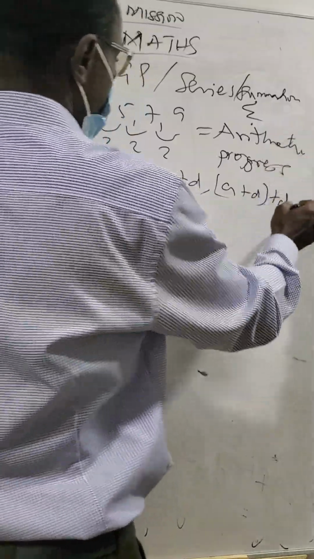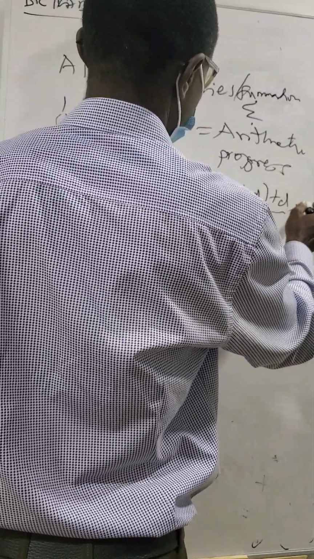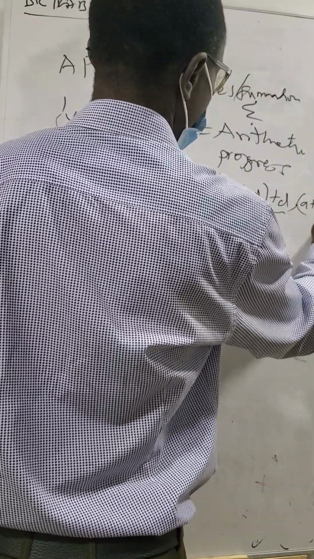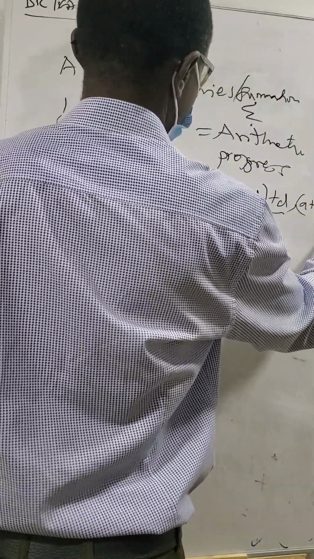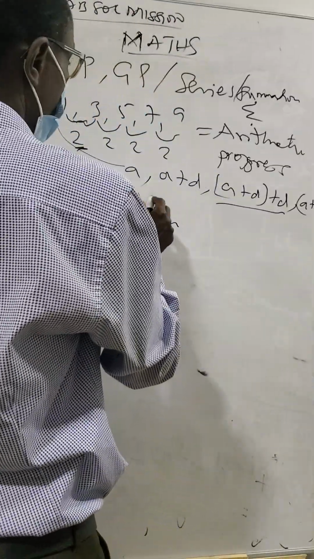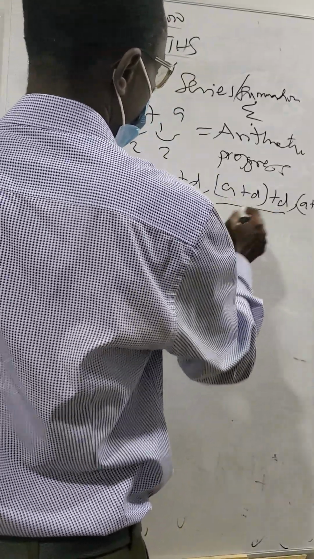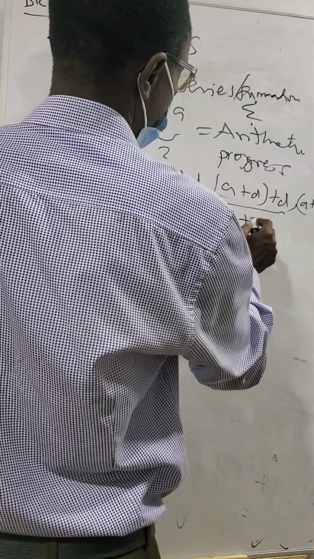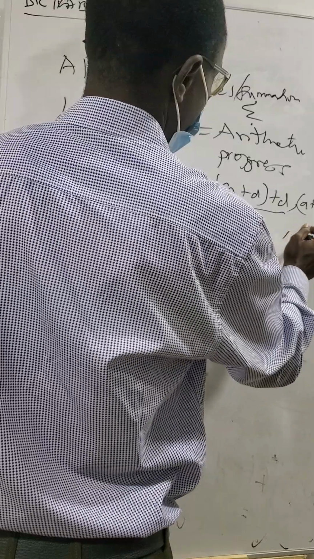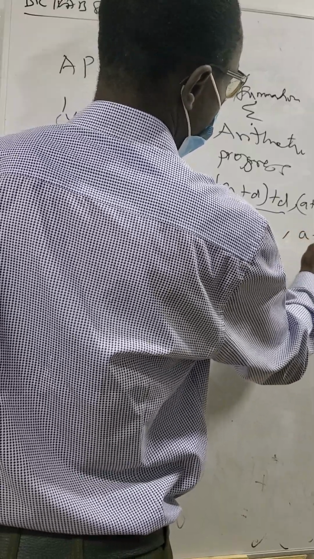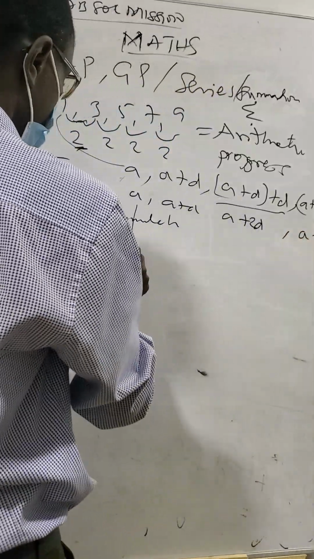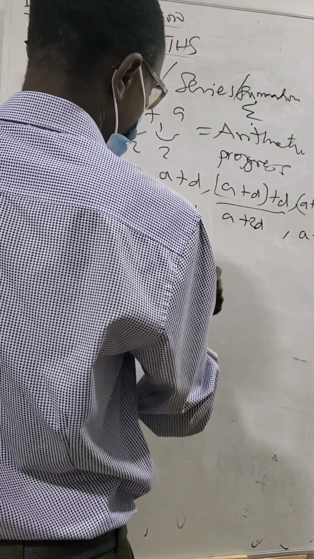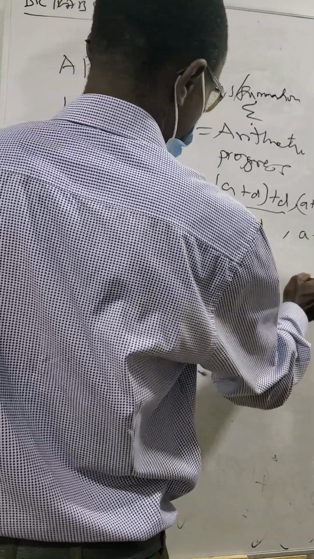So we are going to have A, A plus D, A plus 2D, and A plus 3D. Now this is the first term, T1, T2, T3, T4.